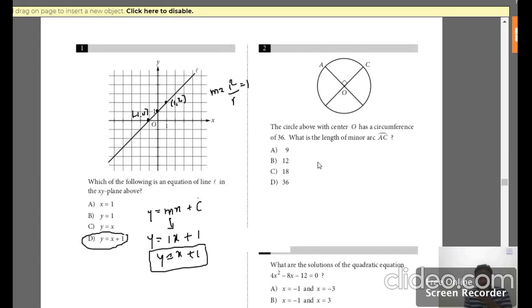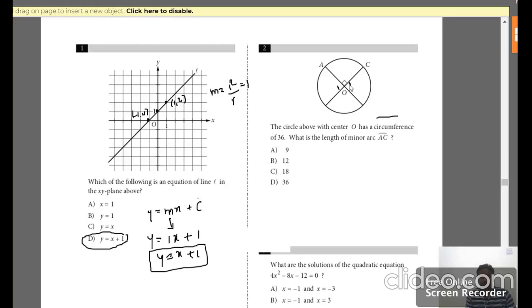Moving on to our second question, we have a circle with 4 sectors, with the angle at the center being a right angle. All the angles here sum to 360 degrees, and the circumference of the circle is 36.